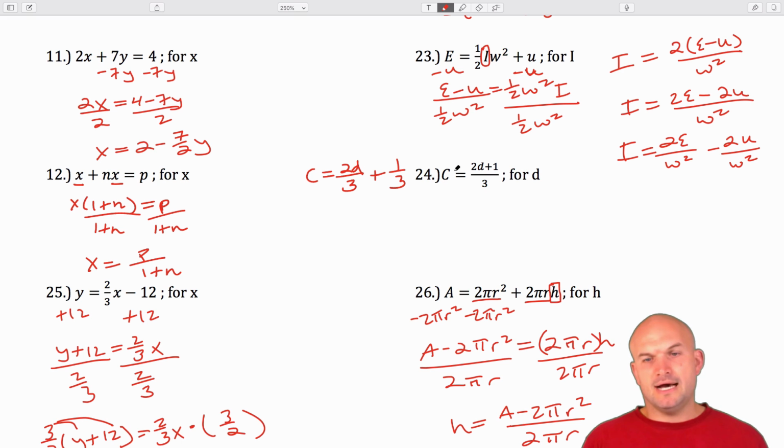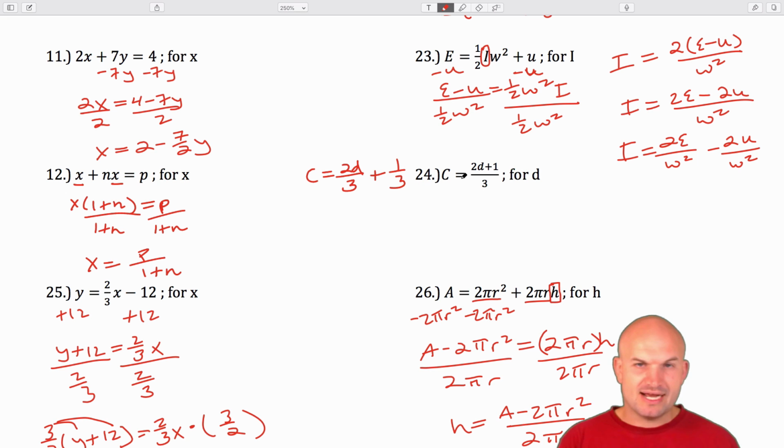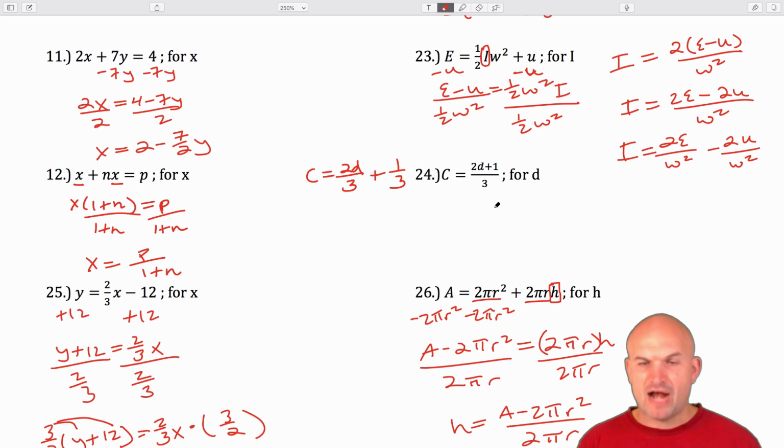Or the other way you can think about this is, here's my quantity d. It's being multiplied by 2. It's being added by 1. And the expression in the numerator is all being divided by 3. So another way you can do it is to think about how to get rid of fractions. If you don't like this fraction, you could distribute, but you're still going to have fractions. And I think most students would prefer to do math without the fractions.